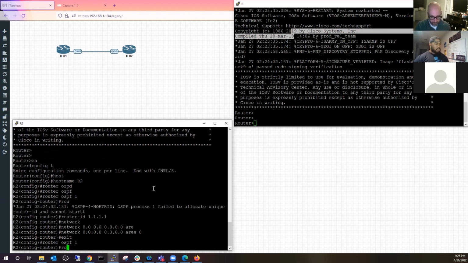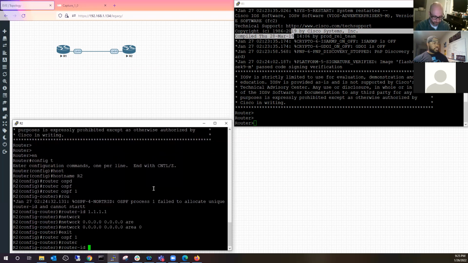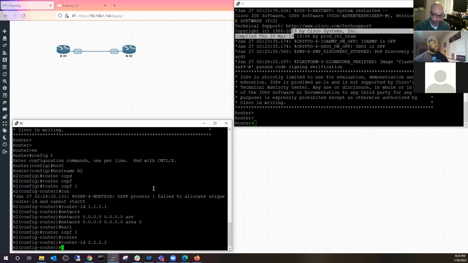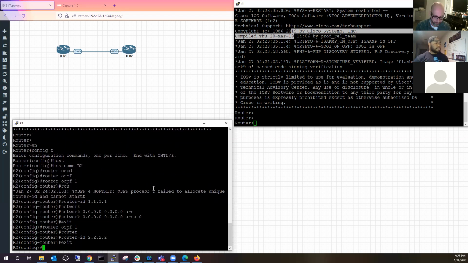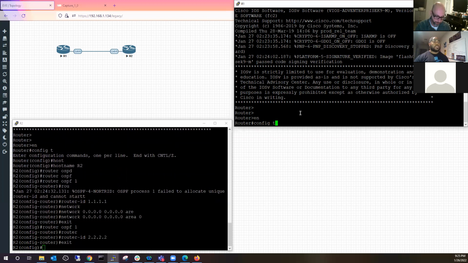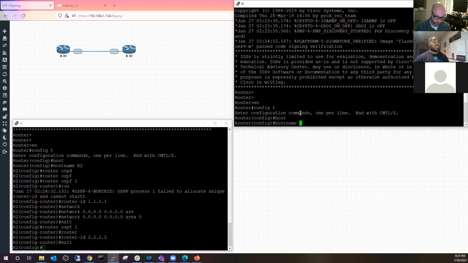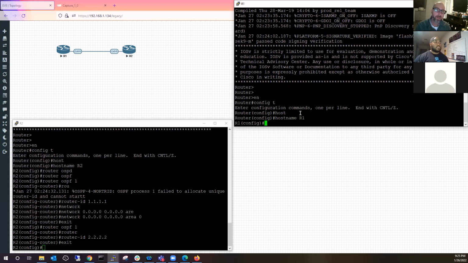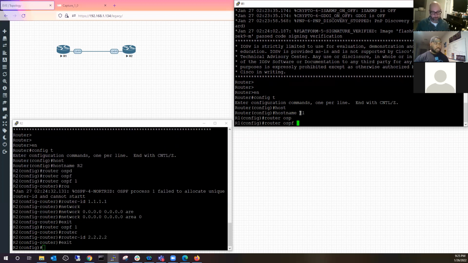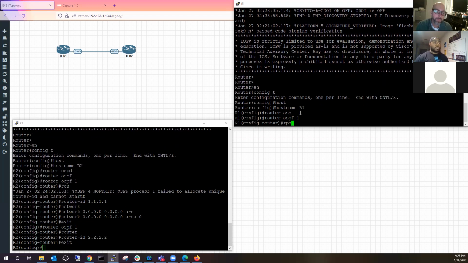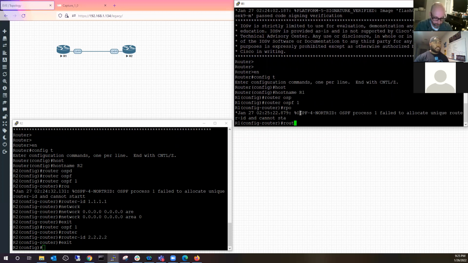So the timers, and then they have to be in the same area. What else? There has to be a backbone. Not necessarily. It could all just be a single area. But there are little small things like you were naming that have to be in place in order for that neighborship to come up.